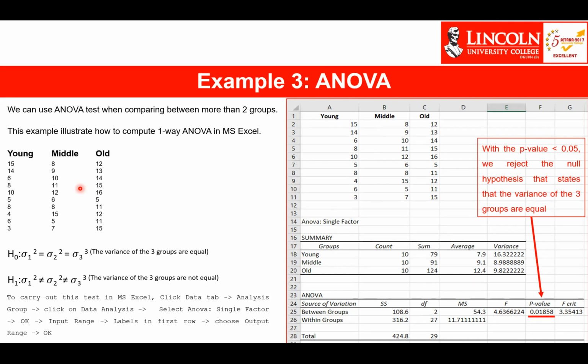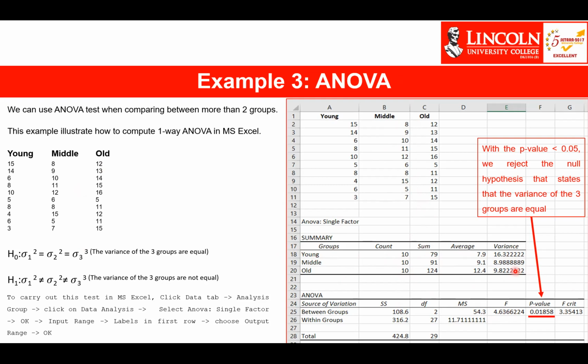Okay, so how do we do this? We follow the same pattern that we use for F-tests. And once that is done, you're going to have something like this. You have a summary table which has all your descriptive statistics, which shows the counts of the observations, the sum of each group, the average of the group, and the variances.